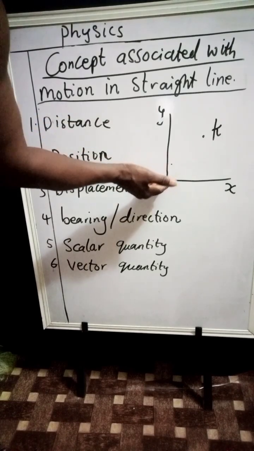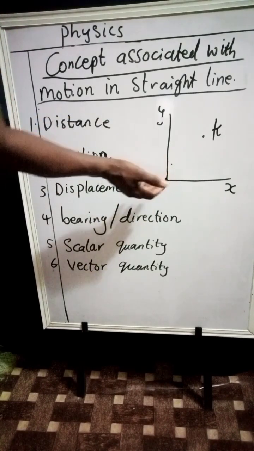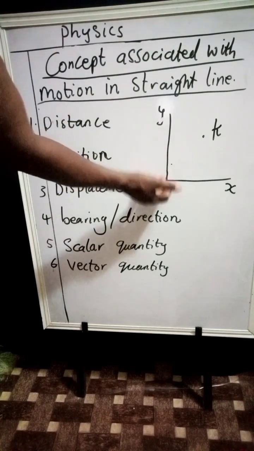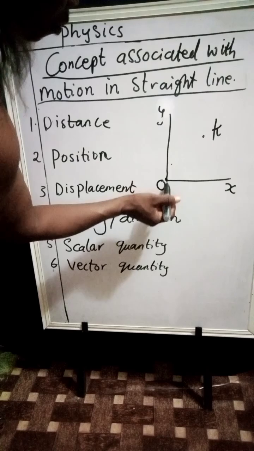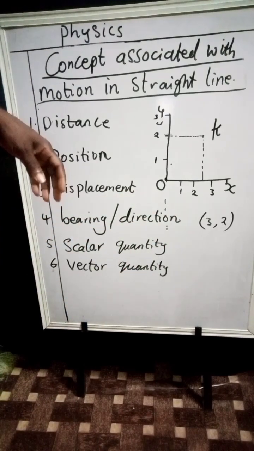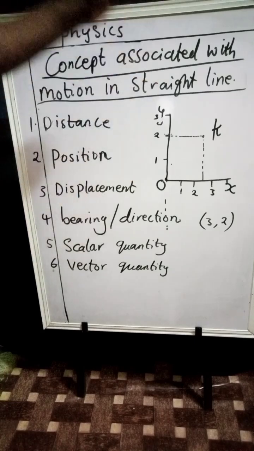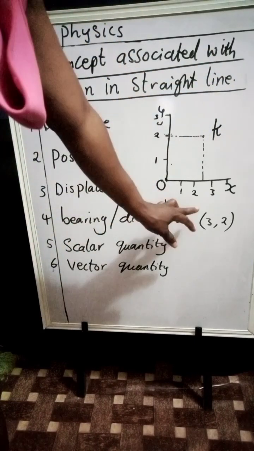The points upward above the origin are positive, and any point below is negative. We can now determine and specify the position of K using the coordinates.